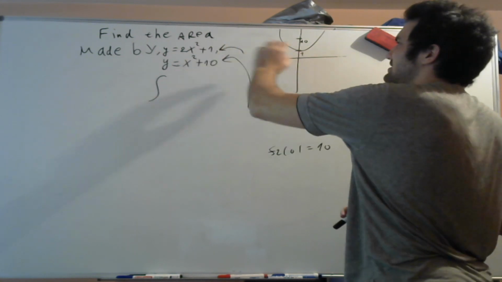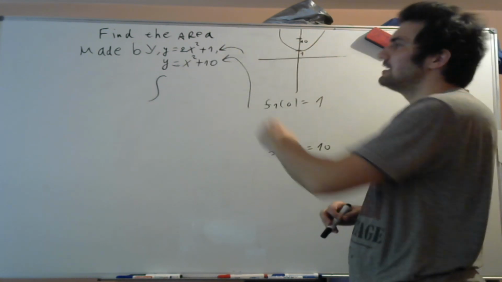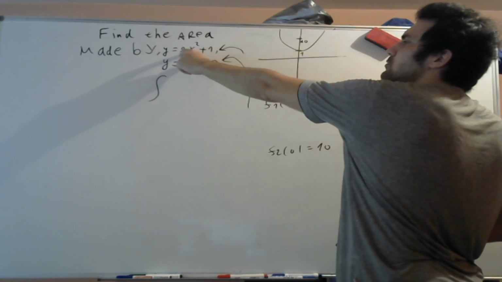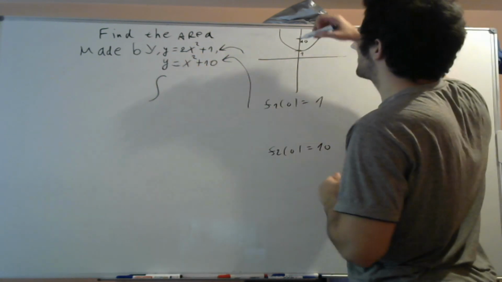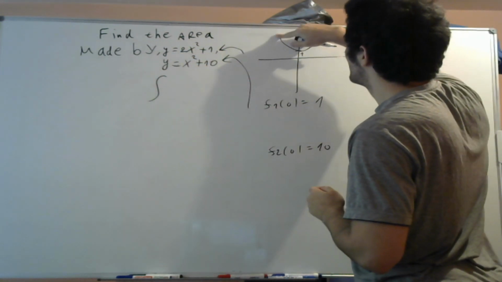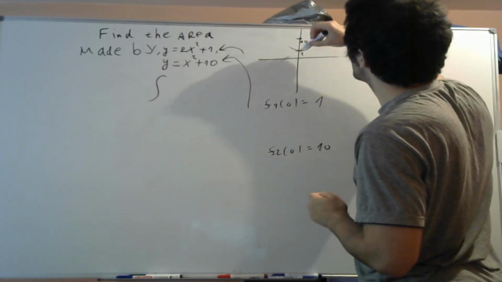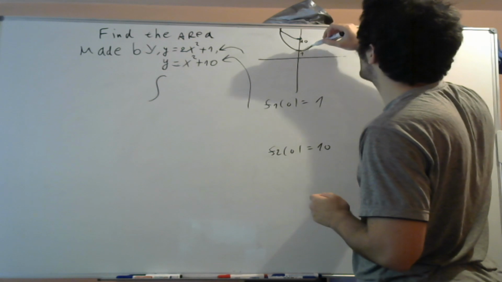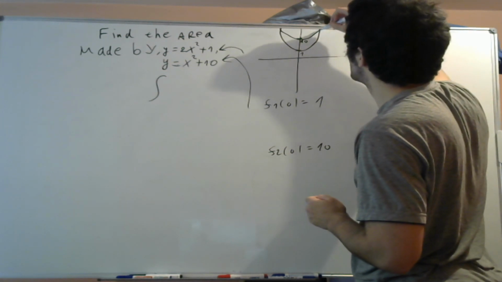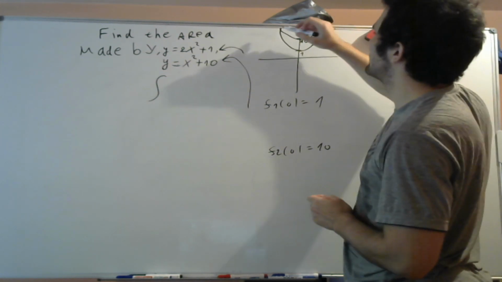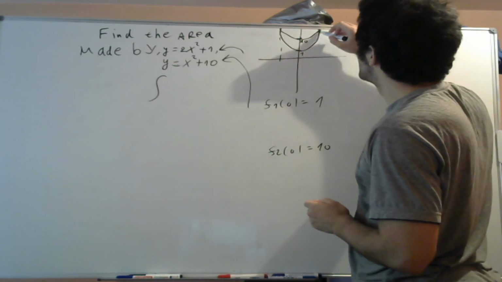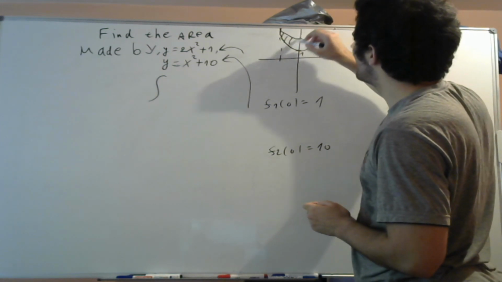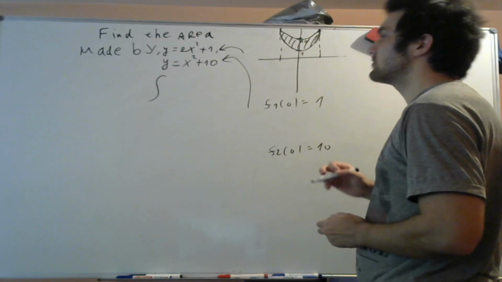It doesn't matter that it starts at 1 and this one at 10. It's just that we have 2 and we have 1 here. So this function will go something like this, and this one will go way slower than the other one. And this will be the area we need to find.